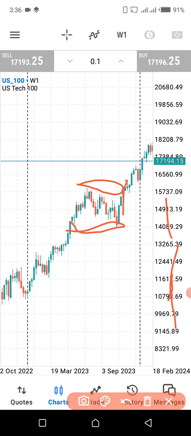All of these things will act as support until price gets to the weekly premium array.